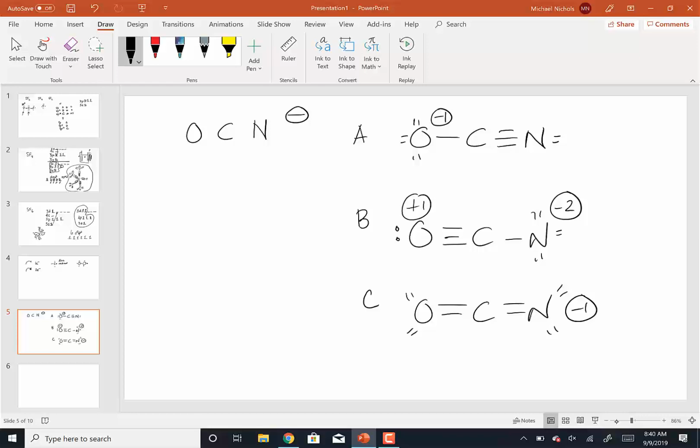Now, before I do the resonance hybrid, I need to know about the relative stabilities of these 3 structures, because each one feeds into the resonance hybrid as its weighted average. So in other words, the resonance hybrid is a weighted average of these 3 structures.